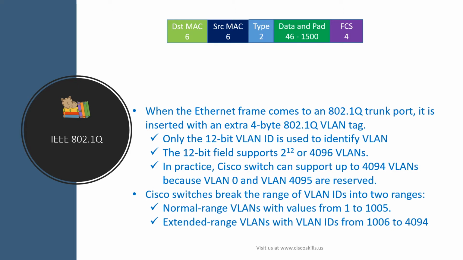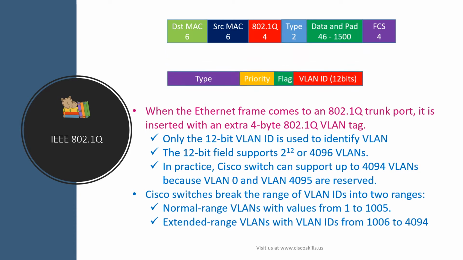Now let's look into the details of the IEEE 802.1Q protocol. As you can see, this is an Ethernet frame. When the Ethernet frame comes to an 802.1Q trunk port, it is inserted with an extra 4-byte 802.1Q VLAN tag.